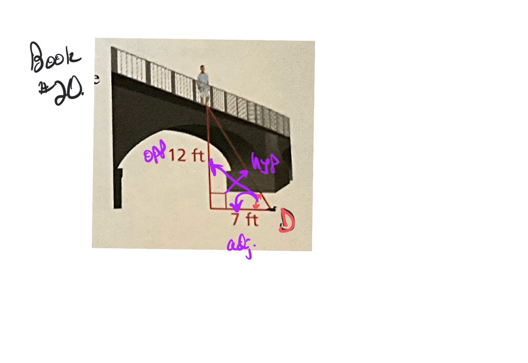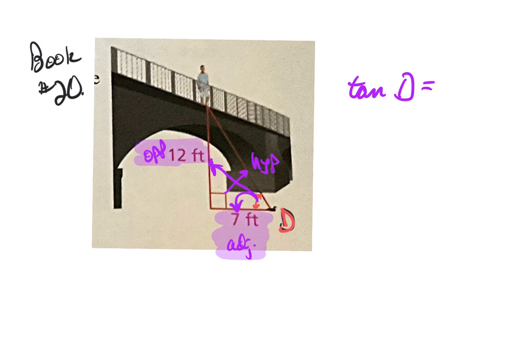Okay? And now what we need to do is select the trig ratio that involves the two sides we know the length of, and those are opposite and adjacent. Which trig ratio involves opposite and adjacent? There's only one of them, and it is tangent.